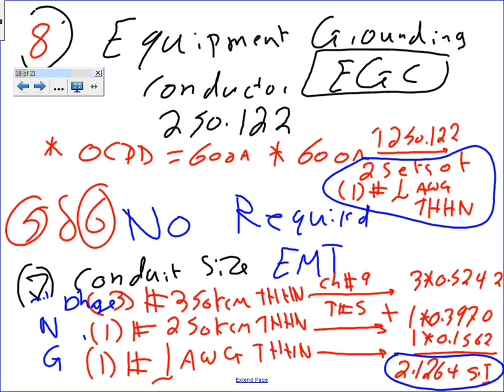Everybody knows that? Neutral, ground, and phases. Okay? So let's go size the conduit when you guys are done typing this. And that's it. That will be sizing our conduit.